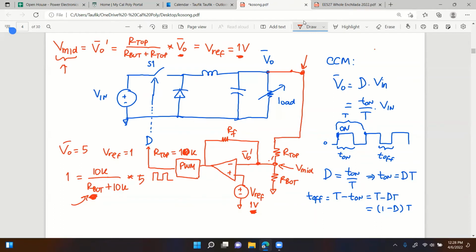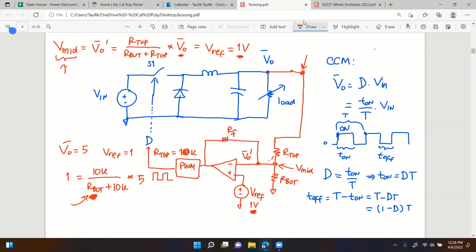Now, with converters such as this, you have switching. You have a switch that turns on and off, and you have an inductor. Imagine if you have oscillations, then that oscillation is going to take a while to recover, because again, that switch is not on all the time.